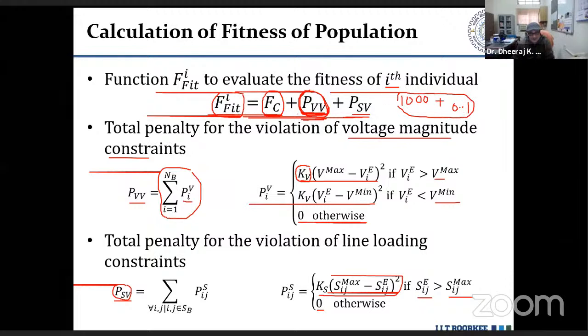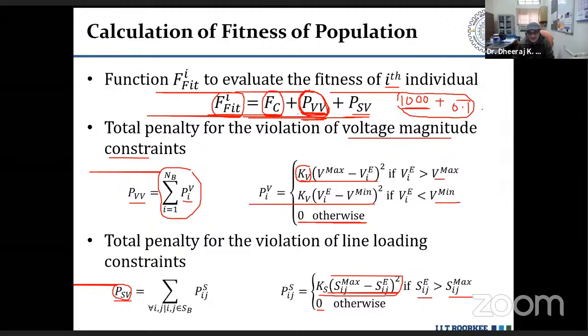So we have to select the values of kV and ks such that they can impact the fitness of the ith individual. They are selected so that they are comparable with the order of the fitness function.